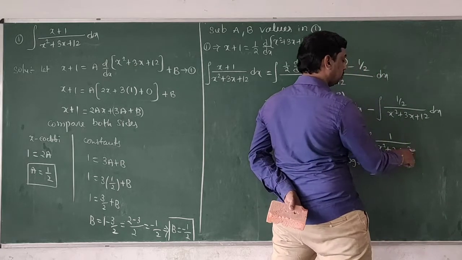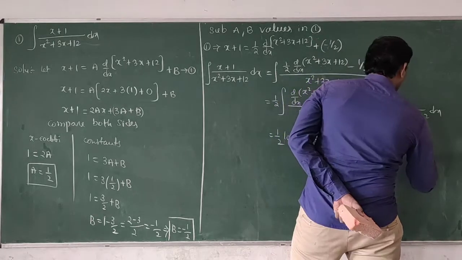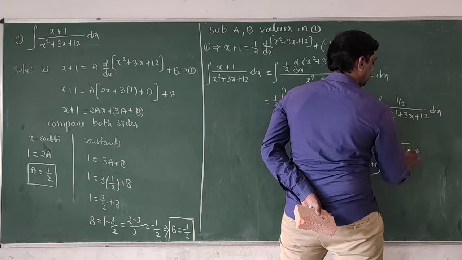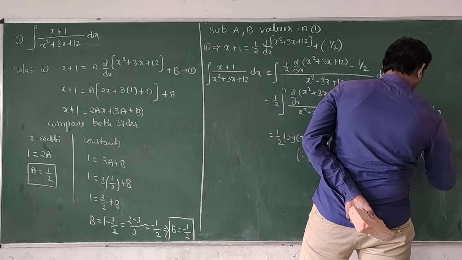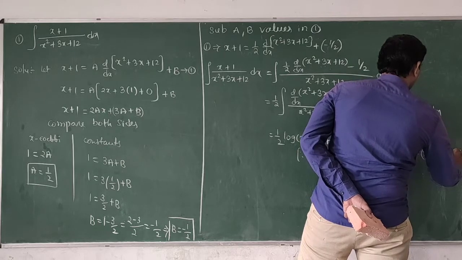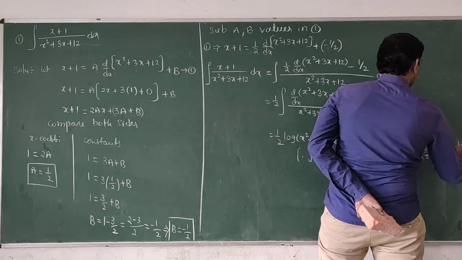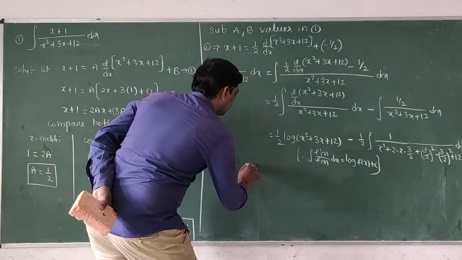If you have any doubt, cancel: 2 into 3 by 2 into x is 3x. Plus a square plus 2ab, b value is 3 by 2. That's why add 3 by 2 whole square and subtract 3 by 2 whole square, plus 12, dx.